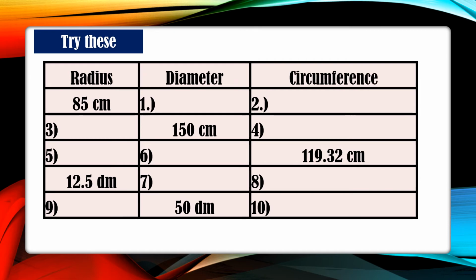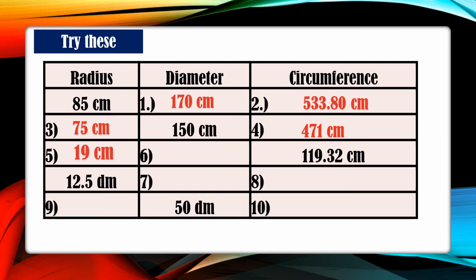Okay, let us check your answer. Number 1 is 170 centimeter. Okay, correct? Number 2, 533.80 centimeter. Very good. Number 3, 75 centimeter. Correct. And number 4 is 471 centimeter. Very good.